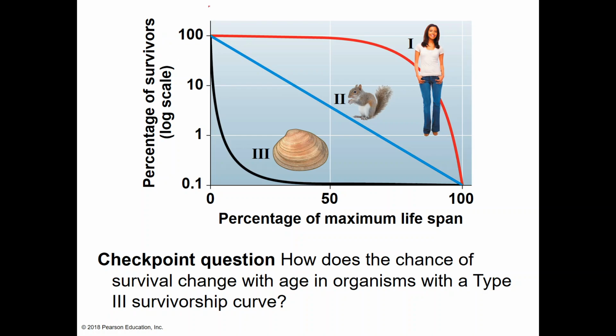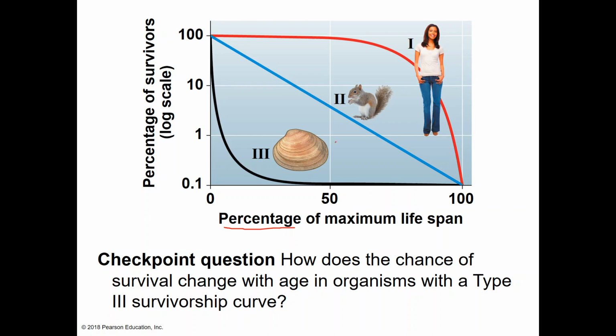So on one side here we have the percentage of survivors, and the percentage of maximum lifespan on the other side. By using a percentage scale instead of actual ages on the x-axis, we can compare different species with varying lifespans.